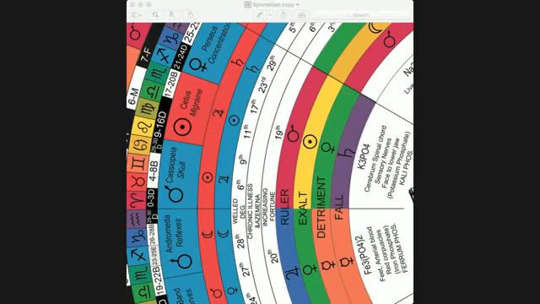So it's very important that you establish this and you understand the difference between a chart that is diurnal, where the sun is above the horizon, or a chart that is nocturnal, where the sun is below the horizon. Now, let's give you an example of this really quickly, shall we?